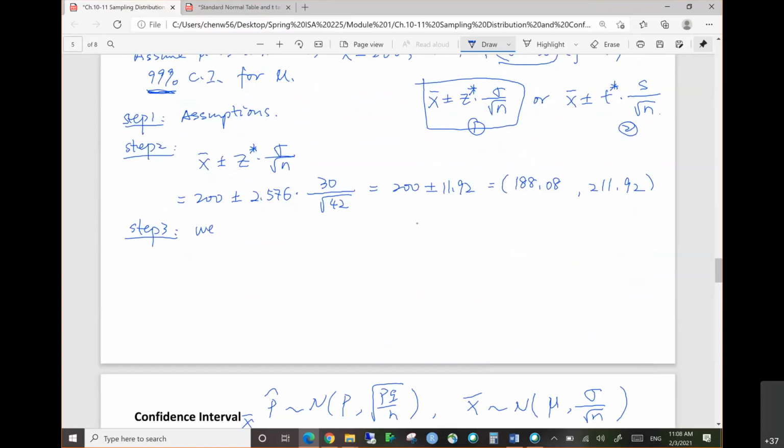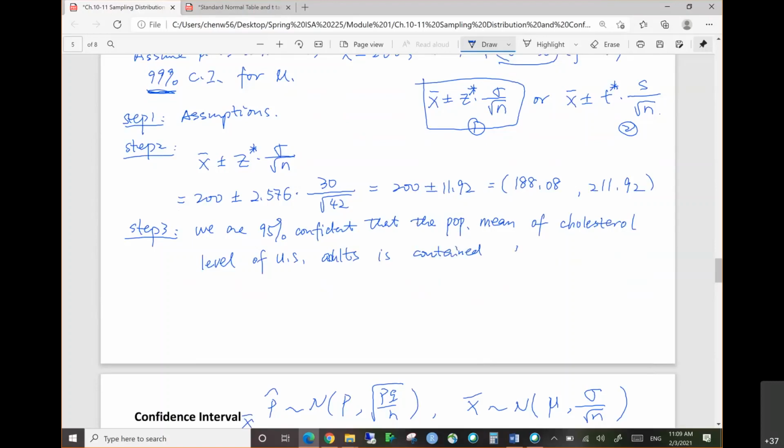So we are 95% confident that the population mean of the cholesterol level of United States adults is contained in the interval of 188.08 to 211.92.